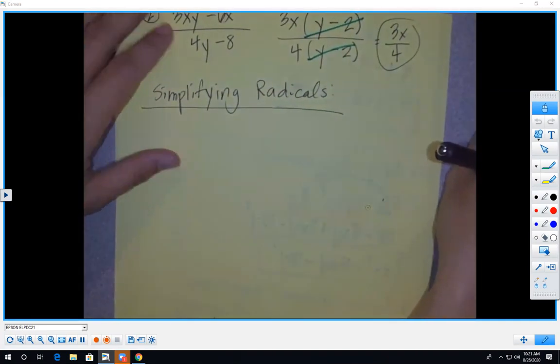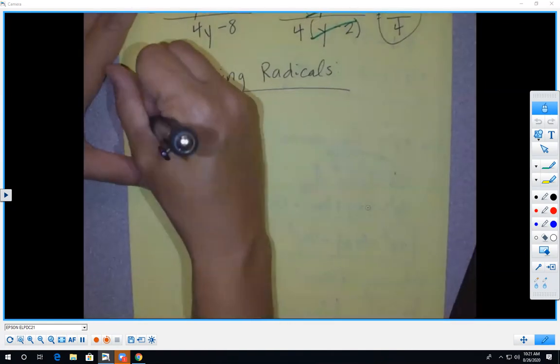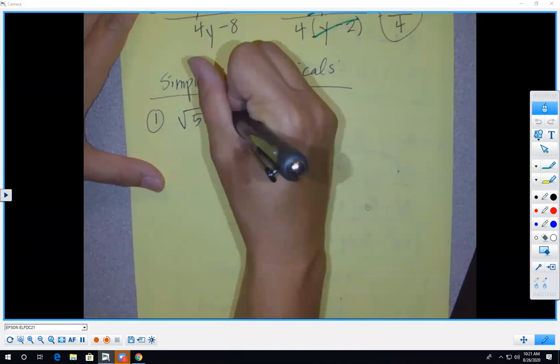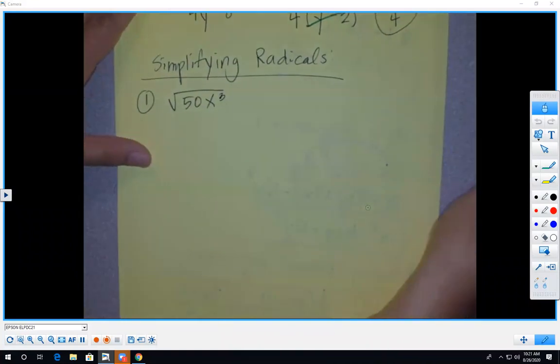Simplifying radicals is kind of like reducing a fraction, but with square roots and cube roots. So if I start off with the problem, the square root of 50x to the, let's do third power.